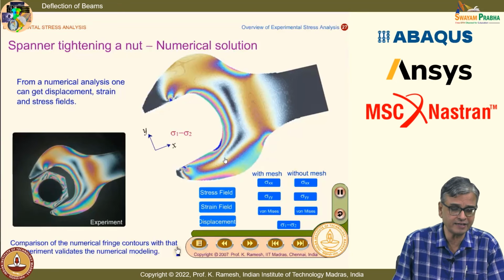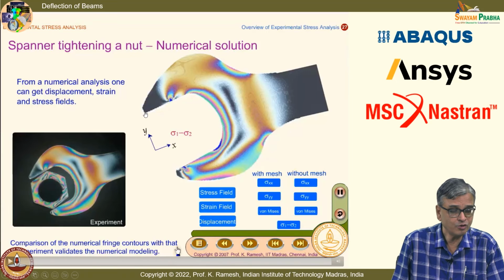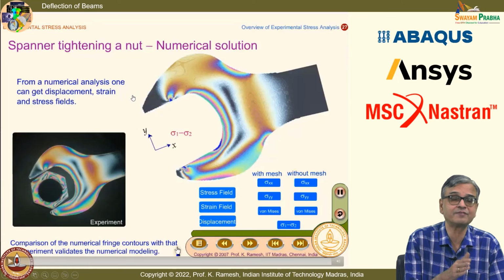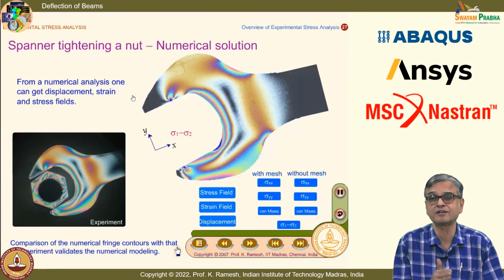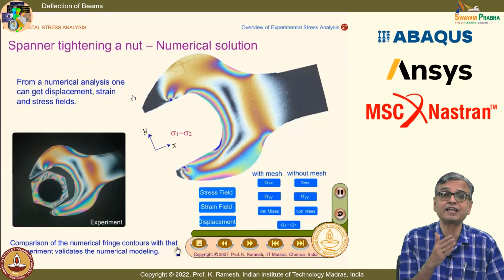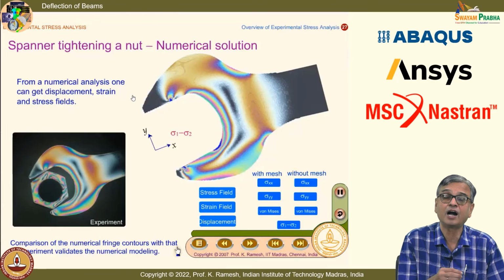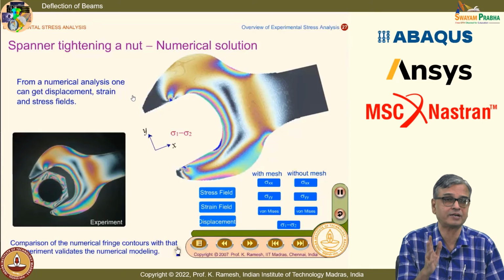What is the difficulty here? You have a boundary of the spanner which is very arbitrary. Even though we used theory of elasticity as a basis to verify our strength of materials solution, theory of elasticity demanded how to write the boundary condition in an arbitrary geometry. That was very difficult. It can handle simple geometries like circles, ellipses and so on.